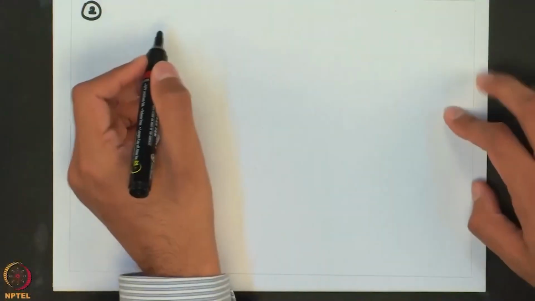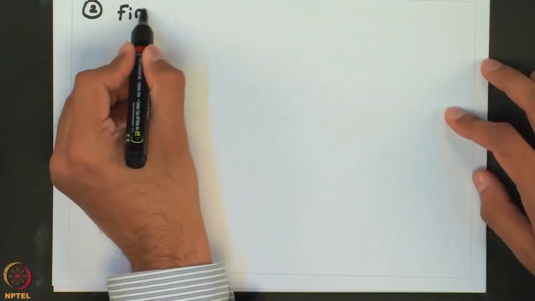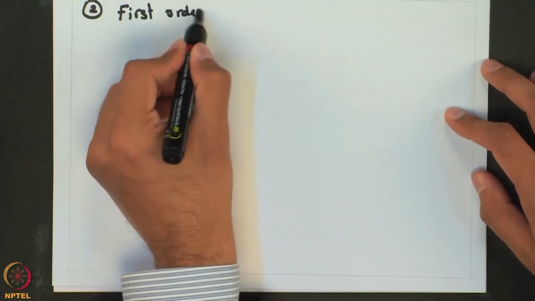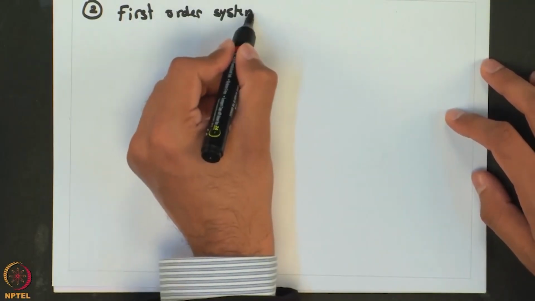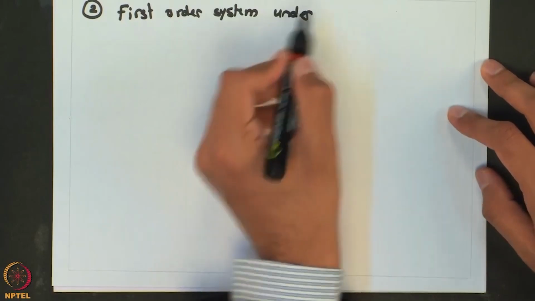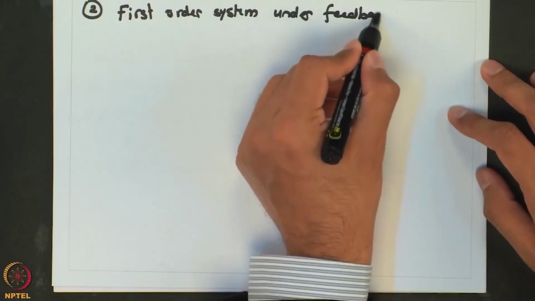Let us look at the second way of getting a second order dynamical system, which is a first order system under feedback control.